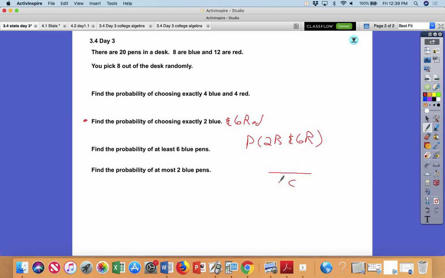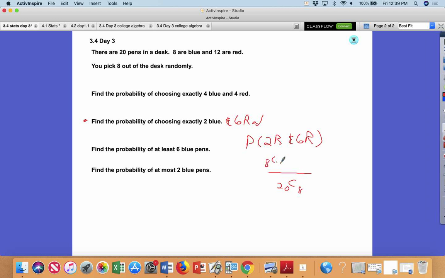Same denominator, 20 choose 8. 8 choose 2 times 12 choose 6. So that one's a little bit lower, 20.5%. What's the second number? This one here? Yeah. 924.